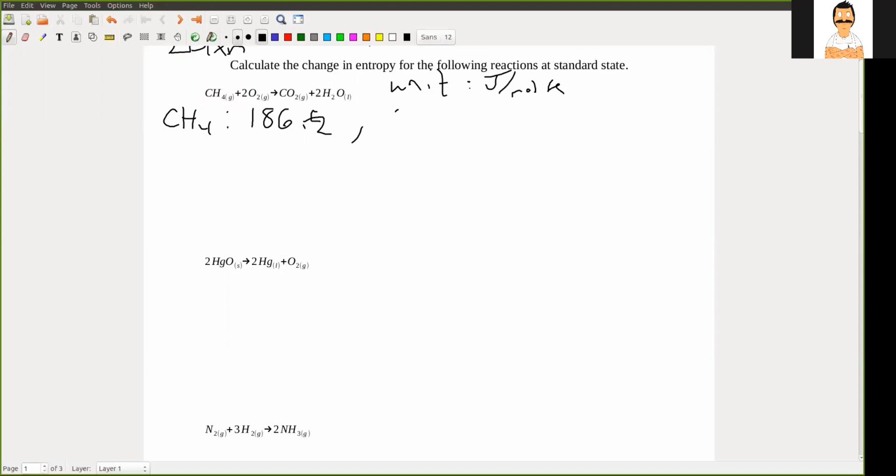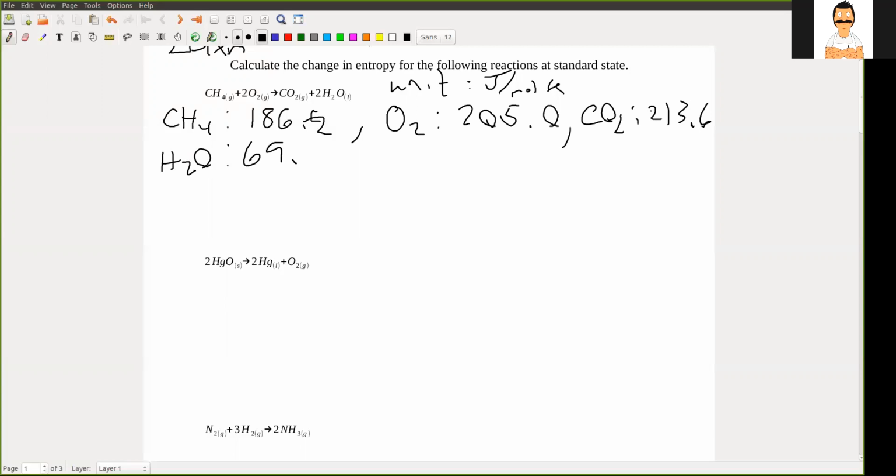For O2, we have 205.0. For carbon dioxide, we have 213.6. And for water, we have 69.9.